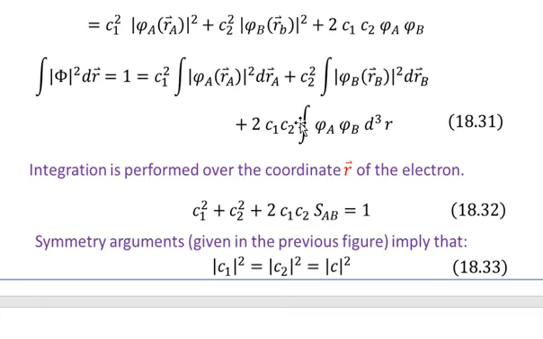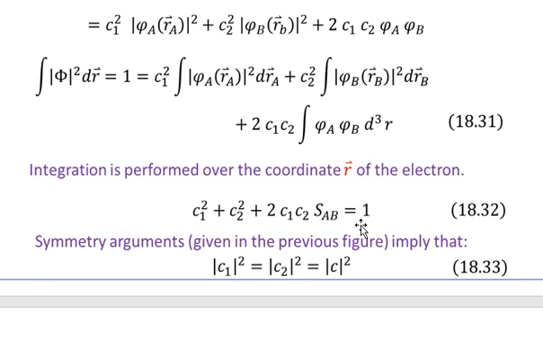But you know that this integral, which is the integral of phi A into phi B with respect to d cube r, has been represented by S_AB. So equation 18.31 reduces to C1 square plus C2 square plus 2 times C1 C2 into S_AB is equal to 1.